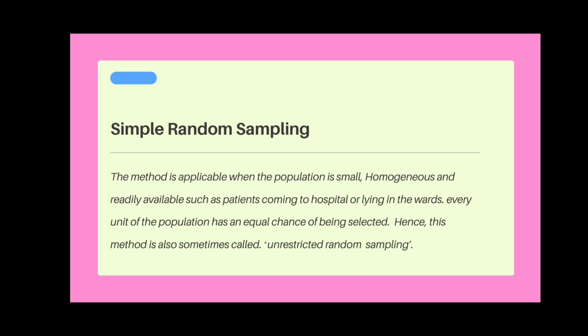So in these cases there is homogeneity. So every unit of the population has an equal chance of being selected. That's why it is also called unrestricted random sampling.